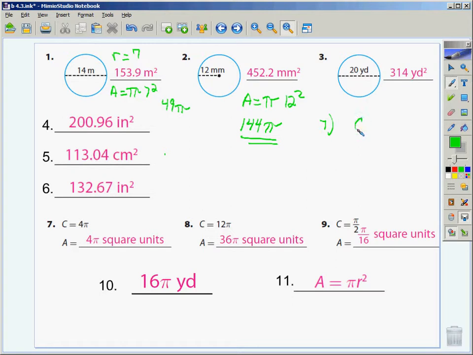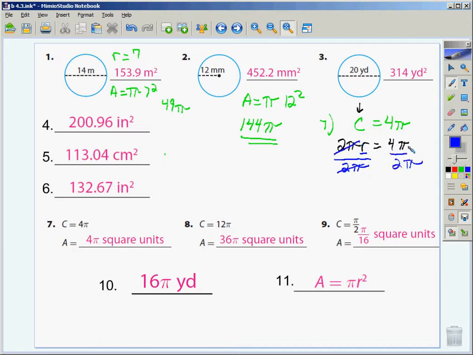They gave me this. C equals 4 pi. What's the formula for circumference? 2 pi r then is equal to 4 pi. I want to get r by itself. If I'm getting r by itself, I'm going to divide both sides by 2 pi.